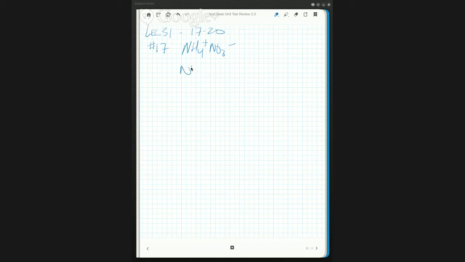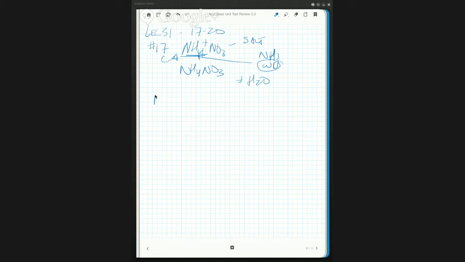So really that formula is NH4NO3. That's a salt. This NH4 plus is the conjugate acid to NH3, which is the weak base. So you've got NH4NO3 plus H2O.